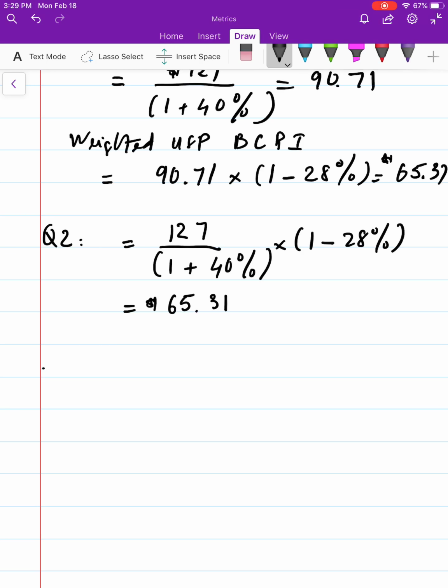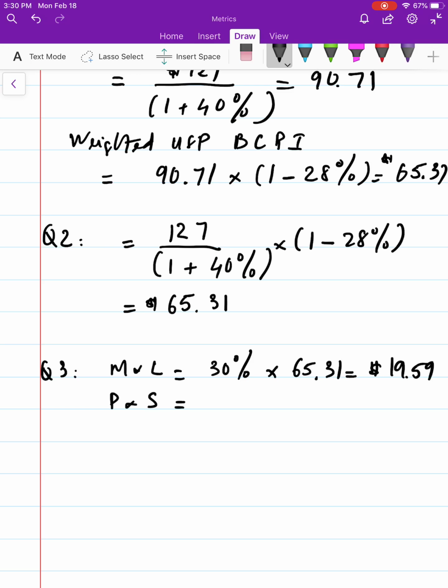On question number 3, materials and labor is equal to 30% of the unit selling price. Packaging and shipping of 10 tablets is $25.28, but we only want to find out the cost of packaging and shipping for 1 tablet. So we divide it by 10, equal to $2.53.